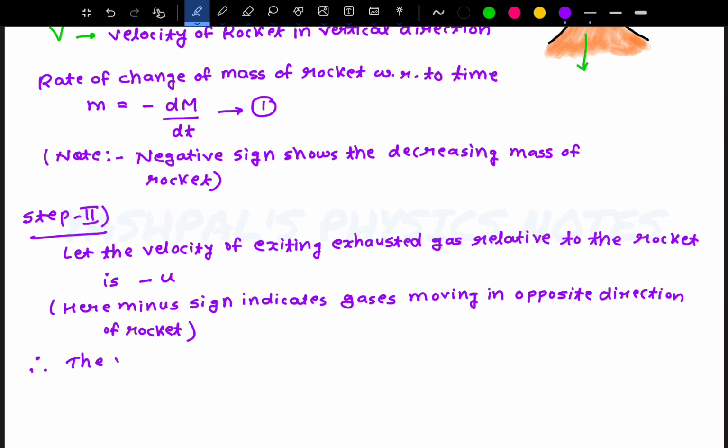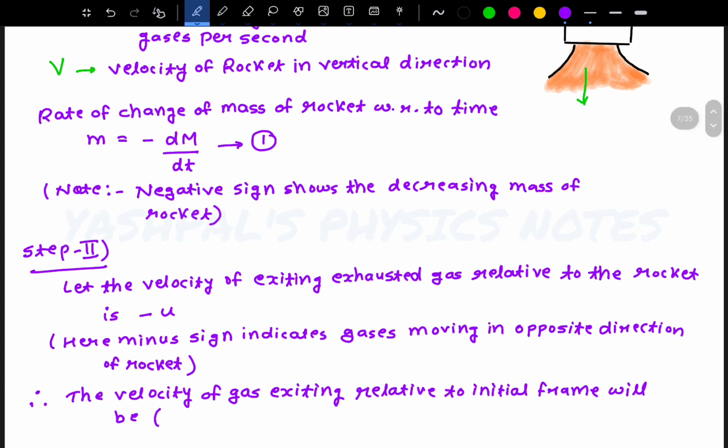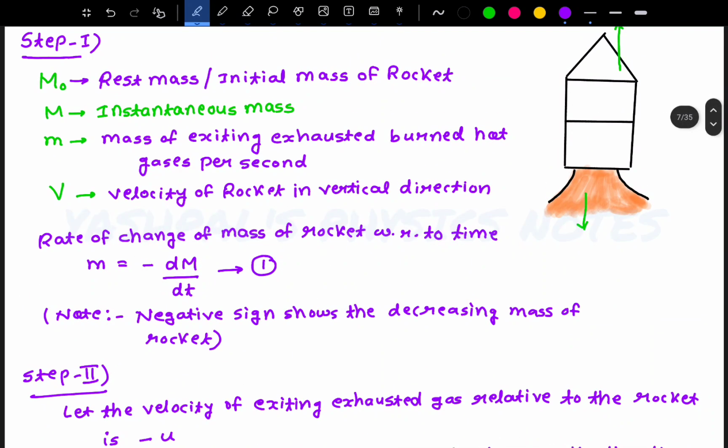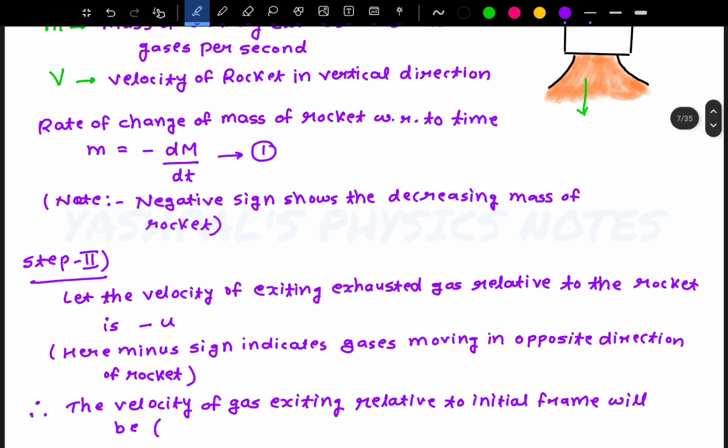Therefore, the velocity of gas exiting relative to initial frame will be equals to, it is nothing but the combination of these velocities, that is the velocity of rocket in upward direction and velocity of exhausted burned gases in downward direction.